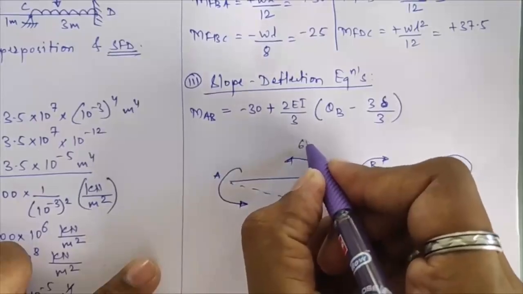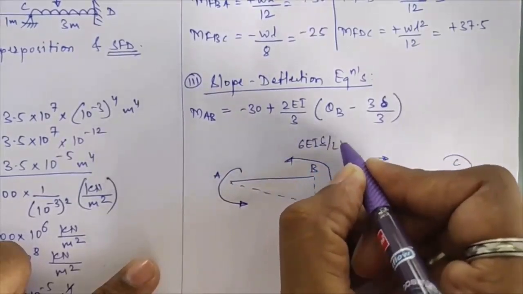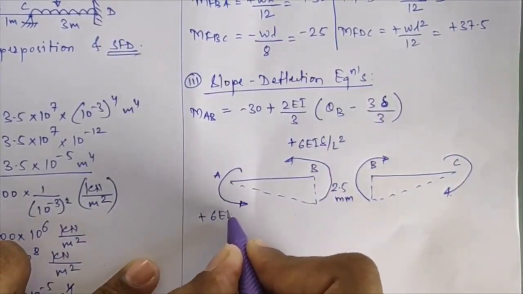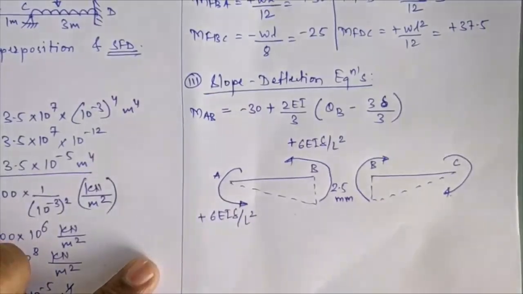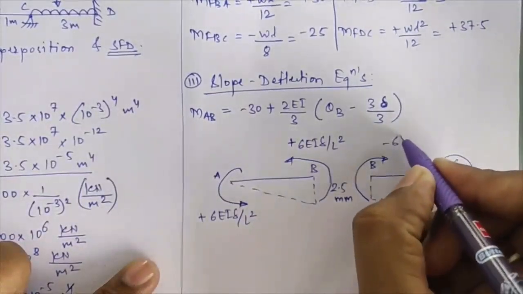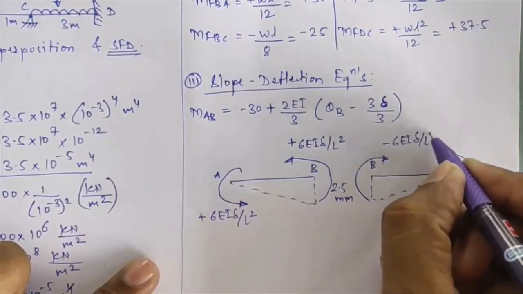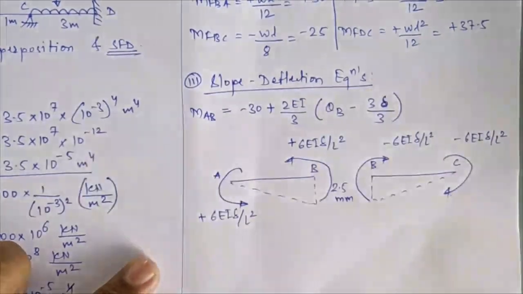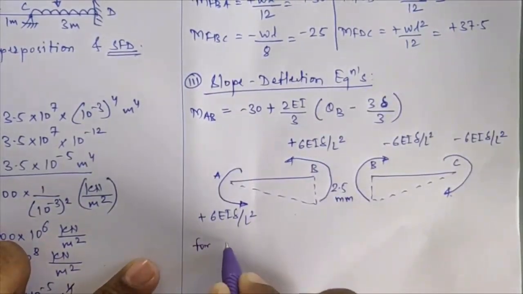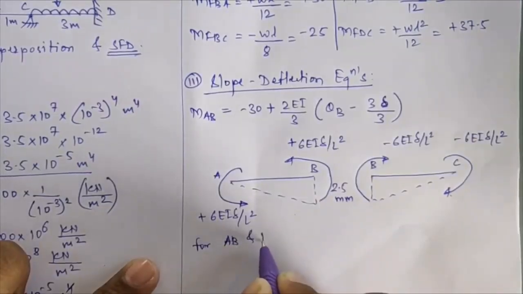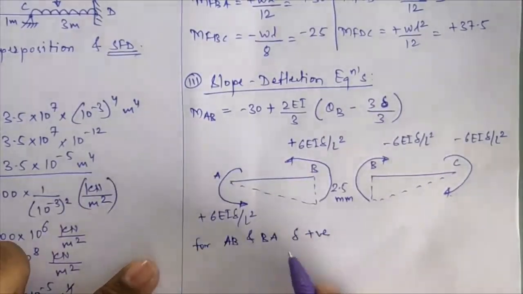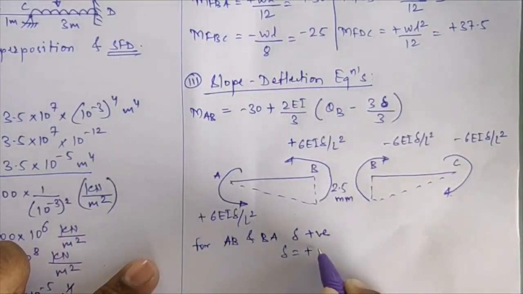That is, here I will get 6EI delta upon L square, anti-clockwise we take here positive, same way plus 6EI delta upon L square, and for member BC you will get minus 6EI delta upon L square and again here minus 6EI delta upon L square. That is, for member AB and BA you have to substitute delta value as positive, that is delta will be equal to plus 2.5 mm.